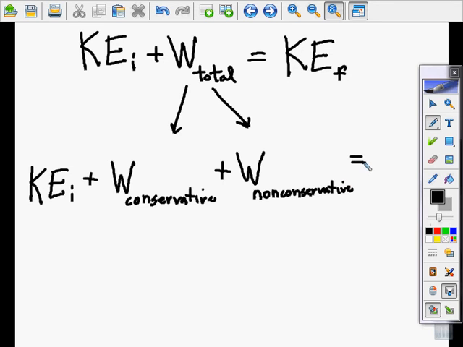When you add those two works together, that still gives you the total work. So what's still going to be on the right side of the equation? The final kinetic energy. That just got brought down.